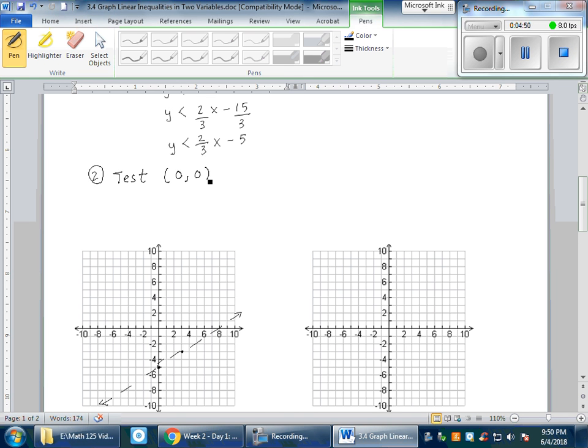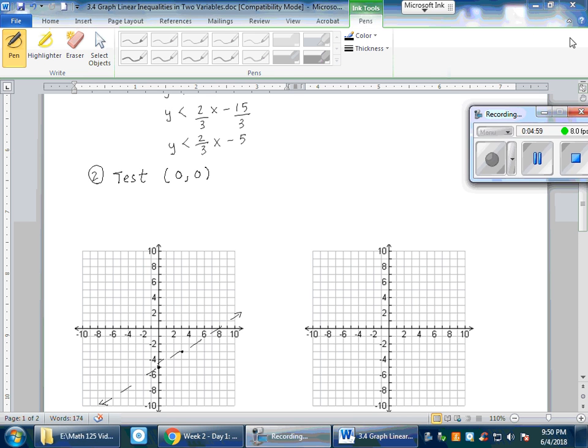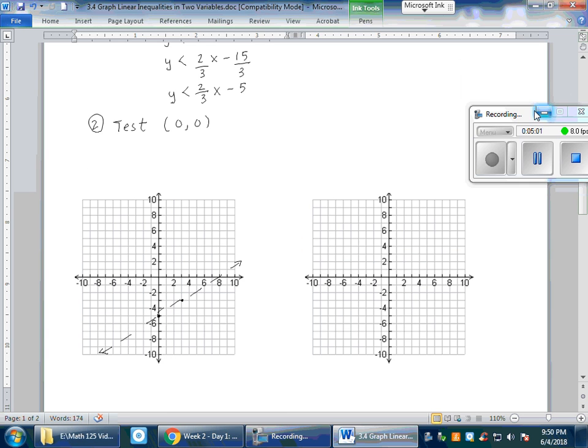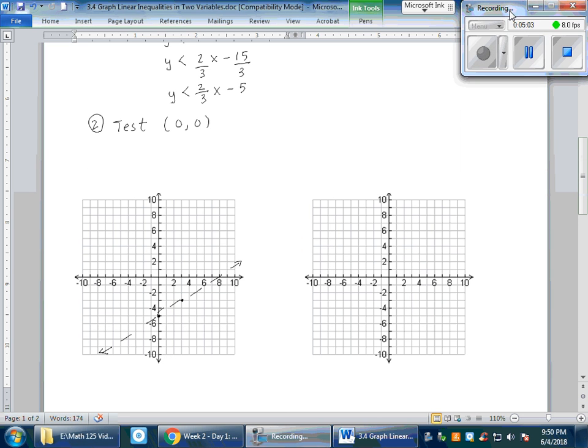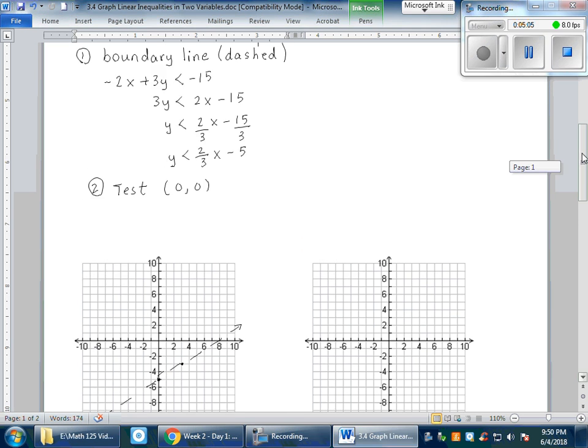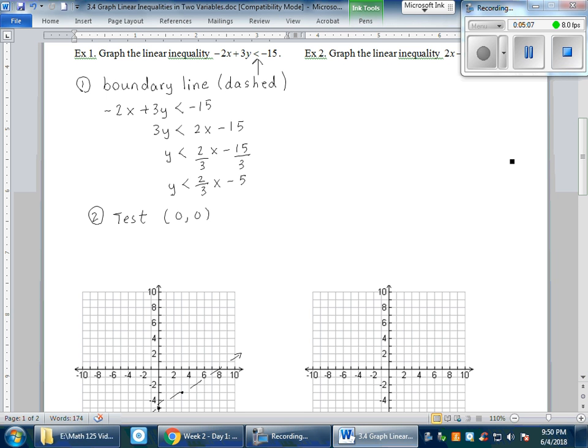So substituting back into the original inequality, right? Original inequality. So that will be 2 times 0 plus 3 times 0 is less than negative 15.